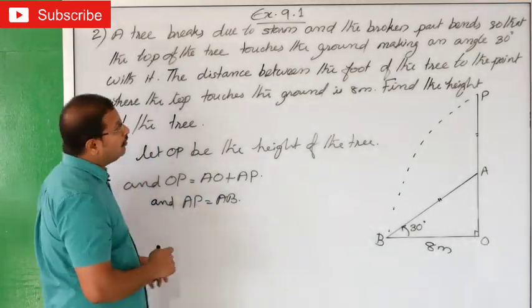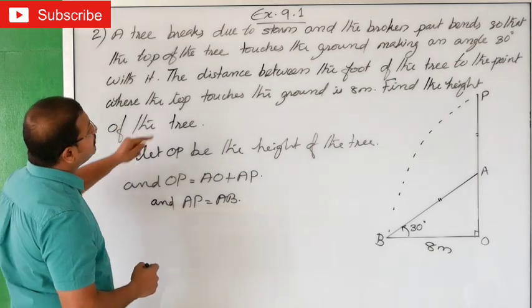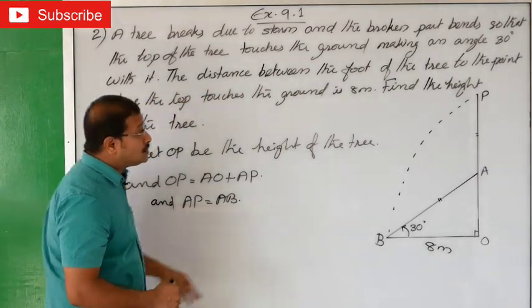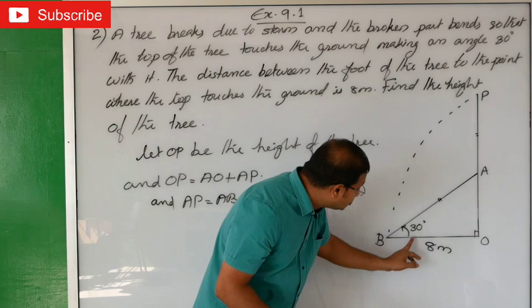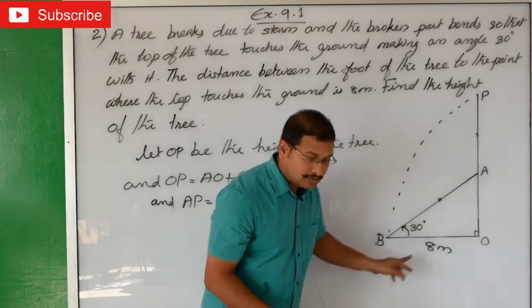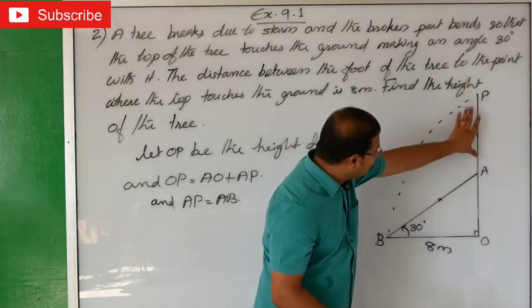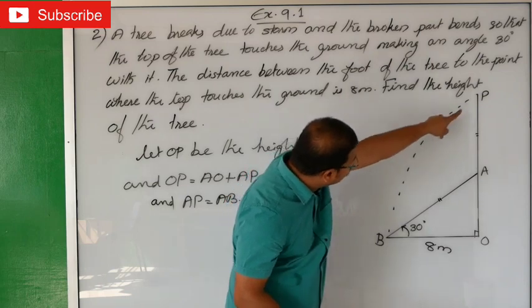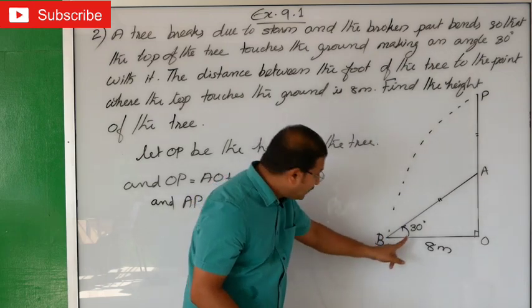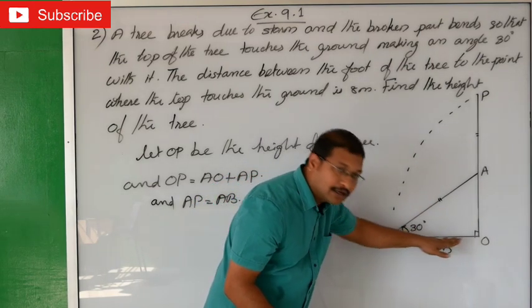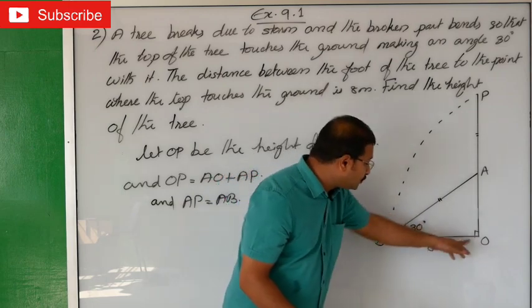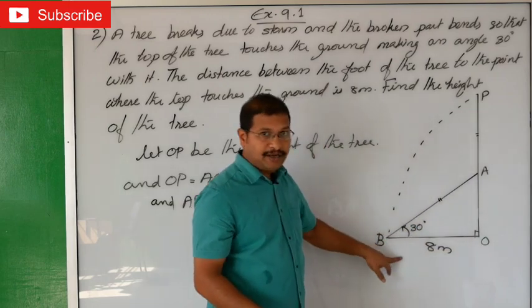Let's start the work now. After that, what is given? The top of the tree makes an angle of 30 degrees to the ground. See, this tree breaks and the top of the tree falls here, and it makes an angle 30 degrees to the ground. From the foot of the tree, how much distance? 8 meter.